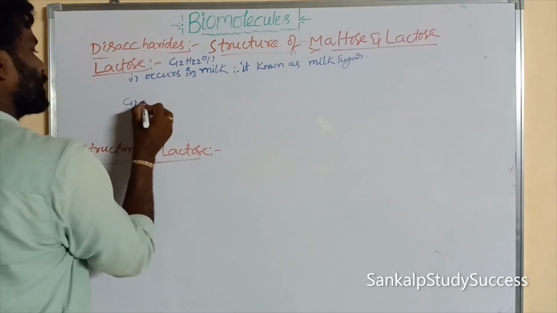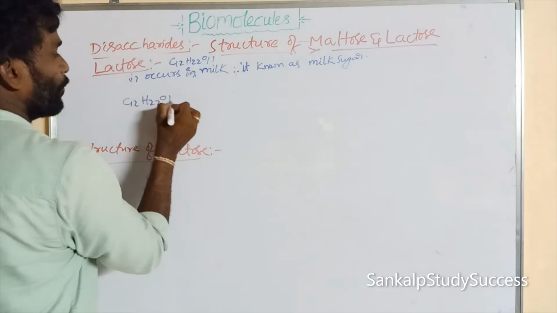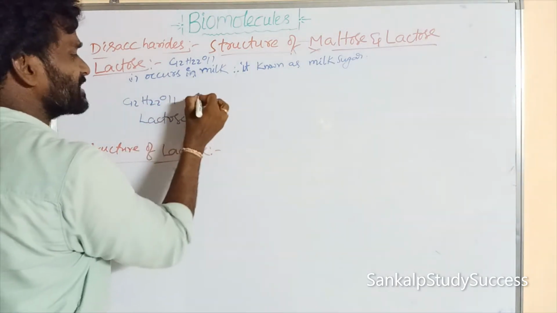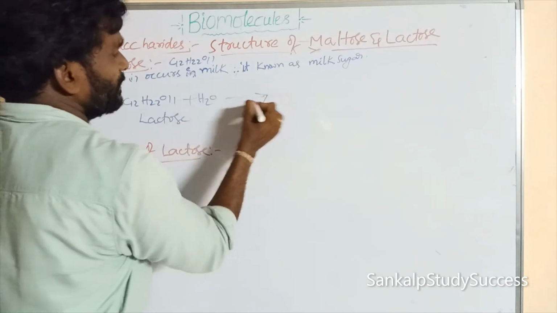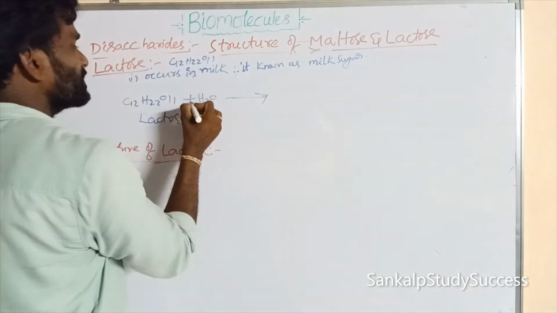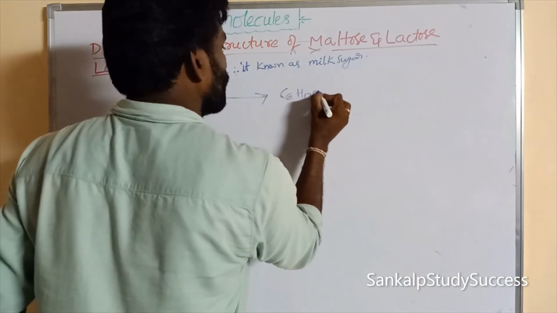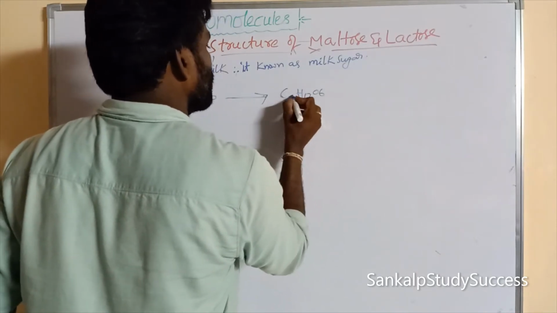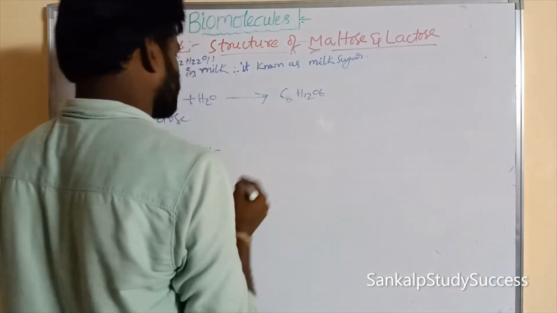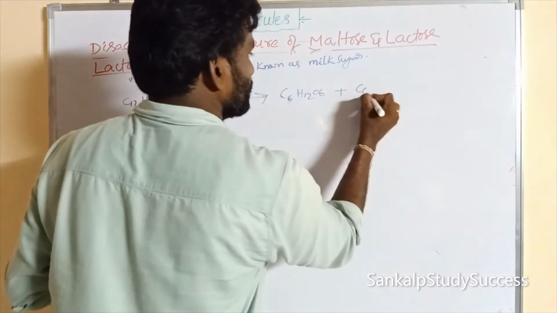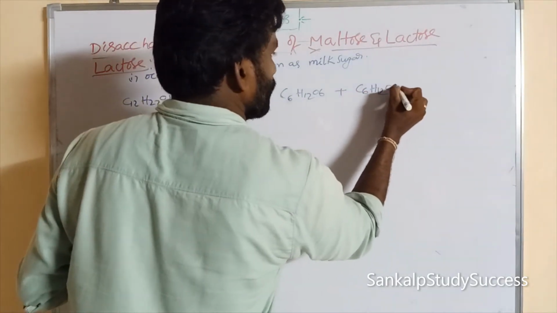Next, lactose on hydrolysis, that is adding water and boiling. Lactose has the formula C12H22O11. With water, it gives C6H12O6 plus C6H12O6.